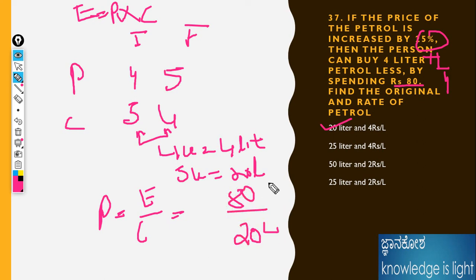This is the rupees, this is the liters. Therefore, 80 by 20 is 4 rupees per liter. Before the price increase, the price is 4 rupees per liter. 1 liter is equal to 4 rupees, so 20 liters you can buy for 80 rupees.